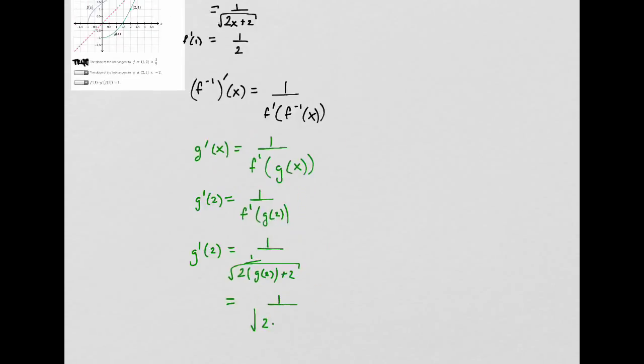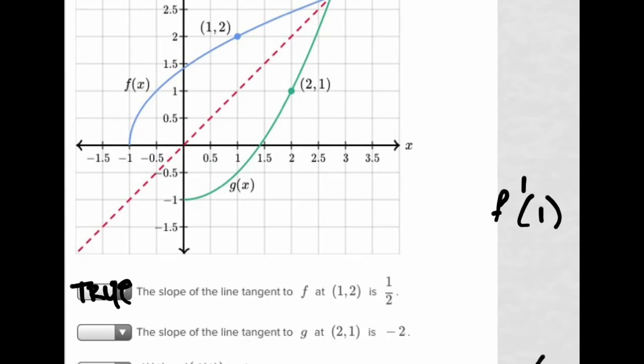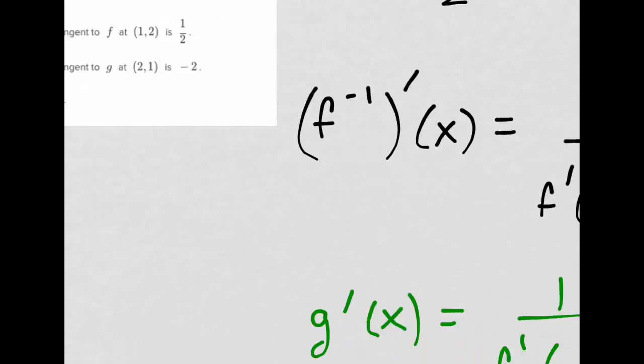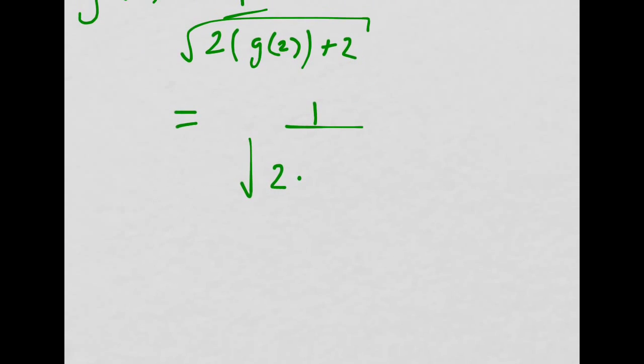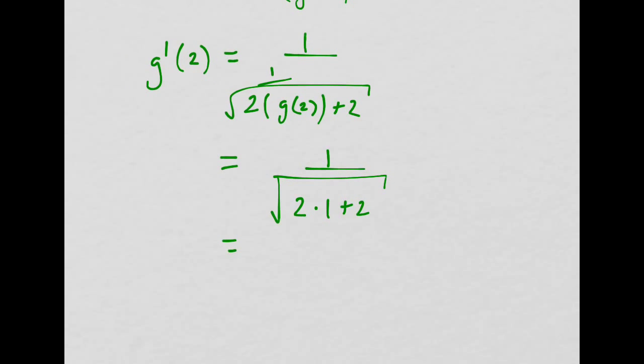What's g of 2? Well, I go to my graph. G of 2 is 1, easy. So we have 2 times 1 plus 2.